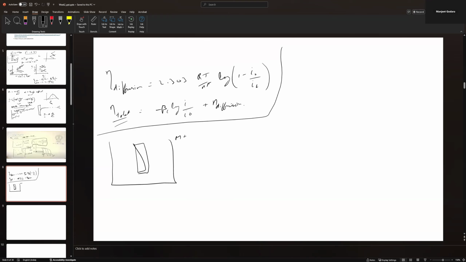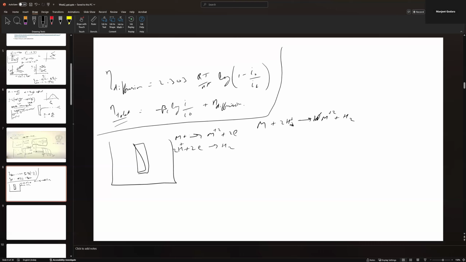Metal becomes metal plus 2 and 2 electrons. Hydrogen: 2 H plus plus 2 electrons becomes H2. So we have the overall reaction, metal plus 2 H plus gives metal 2 plus plus H2. So here both these reactions are taking place.